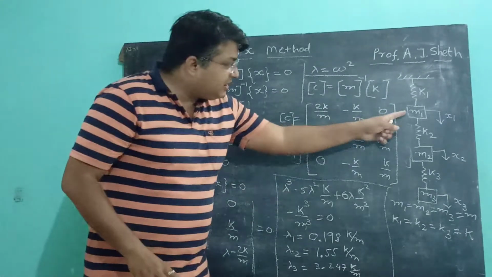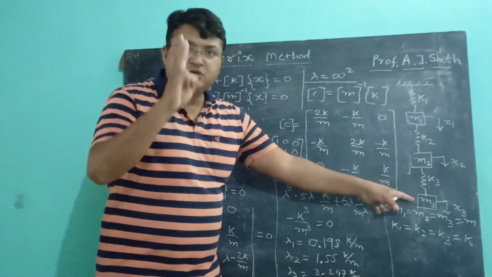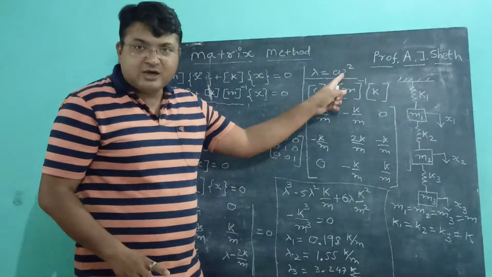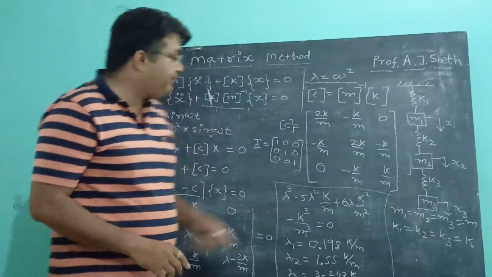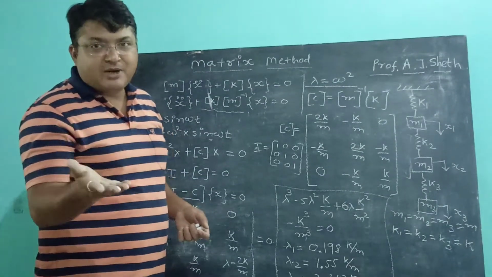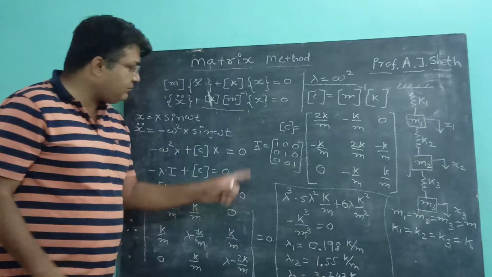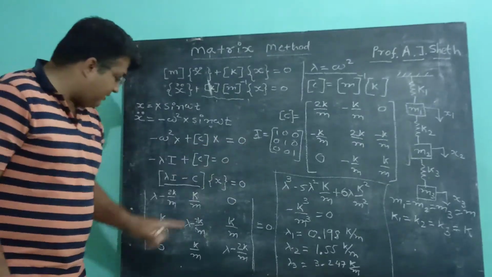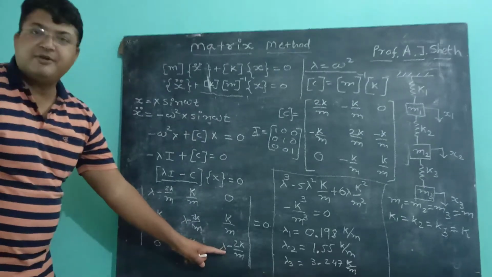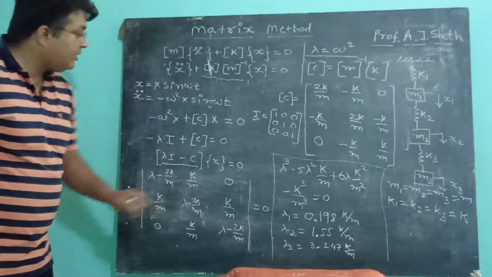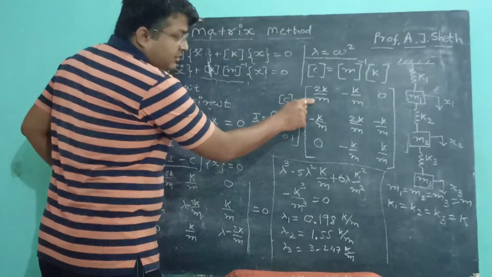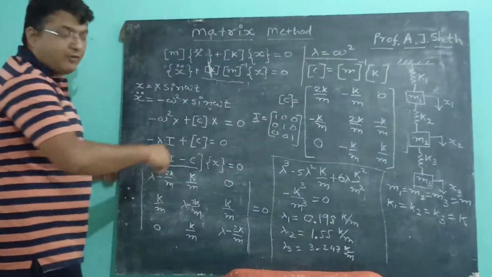We are having 3 masses, so 3 natural frequencies, omega 1 square, omega 2 square, omega 3 square. Accordingly we are going to get 3 lambdas, lambda 1, lambda 2 and lambda 3. So in lambda I, at these 3 diagonal positions we are having the value lambda, minus c. So this c is to be subtracted from lambda I.